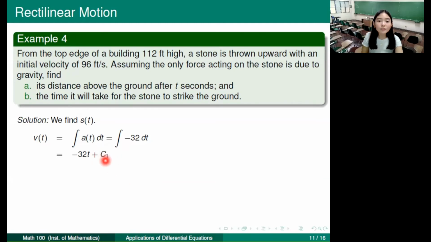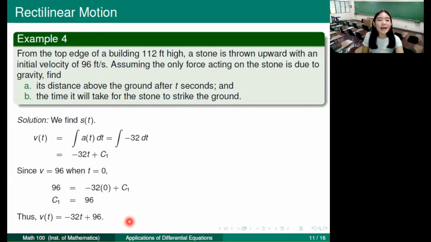How do we get the value of that? We subject it dun sa condition related kay v. Yung fact na ang initial velocity ng stone ay 96. So, yung v natin ay 96 at the time t equals 0. So, substituting v na 96 and t na 0, we get this, and we get this c sub 1.